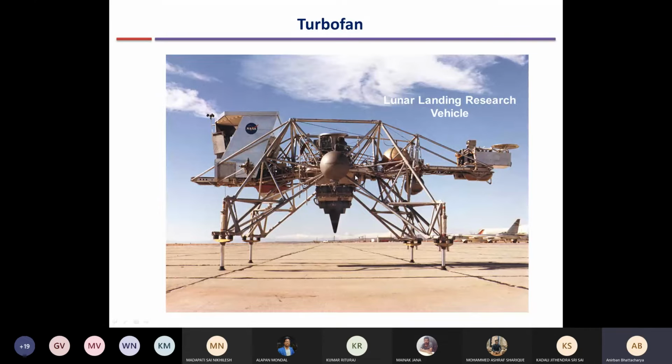For that reason, these lunar landing vehicles used a turbofan engine to create thrust in the direction opposite to gravity, to cancel out 5/6 of the force of gravity.